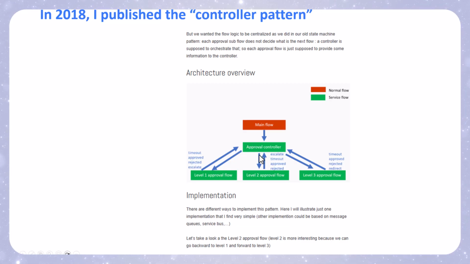And based on the answer, it goes to level 2, gets an answer, and to level 3, something like this. So I called that a controller pattern. You can still find this publication on my blog from 2018. So yeah, 6 years ago. No, more than 6 years ago, right? So 8 years ago.